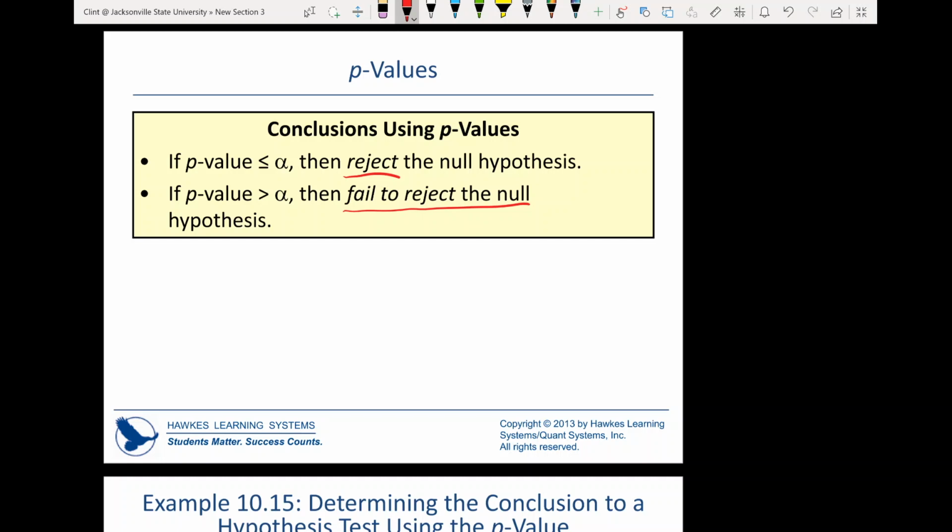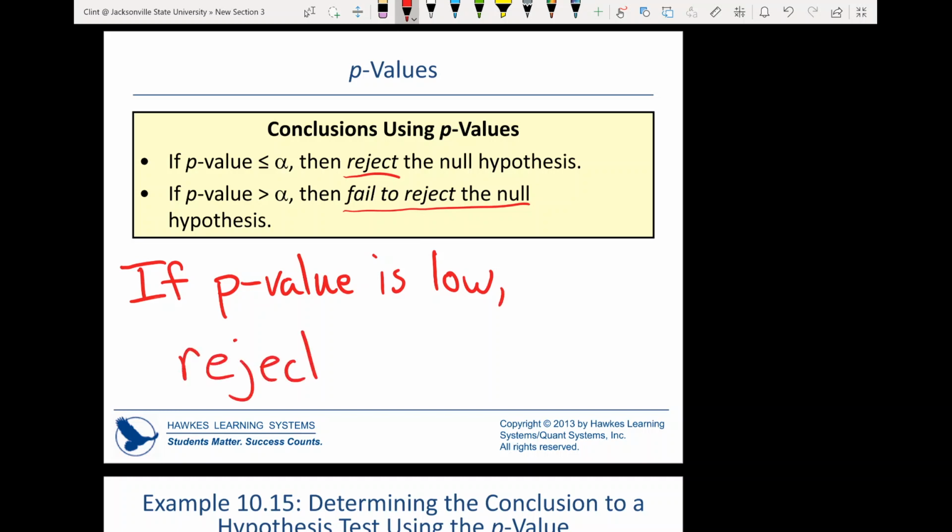Okay? And these can be a little tricky to remember, so forgive me ahead of time for this, but one way you can remember which one's which when you reject the null hypothesis is if the p-value is low, or in other words, if the p-value is smaller than alpha, then reject the null hypothesis, okay?